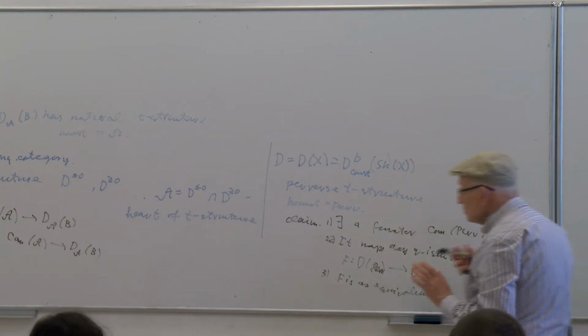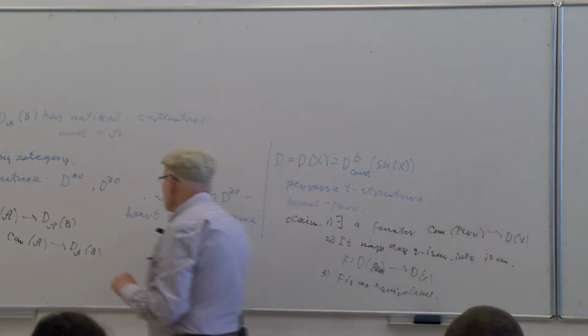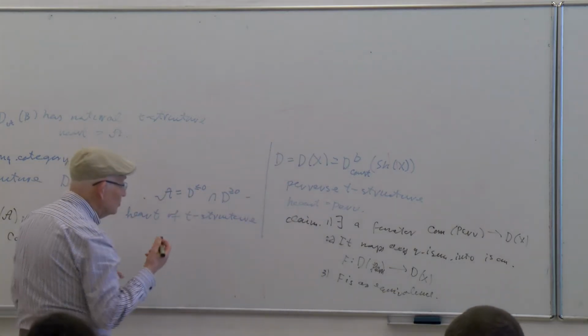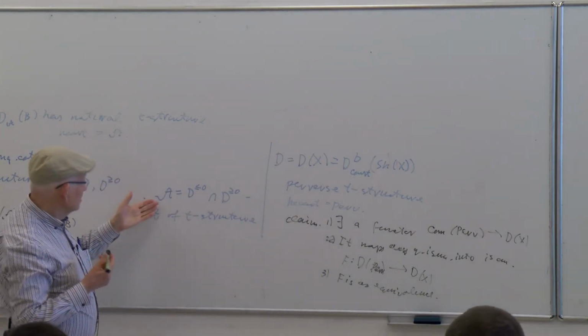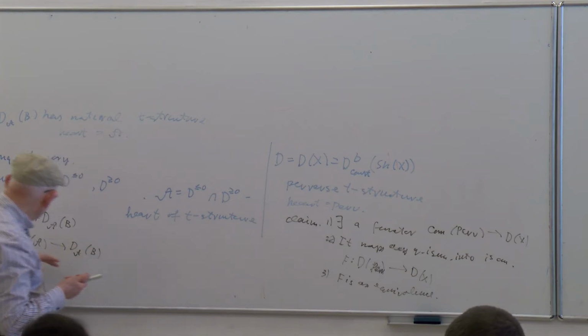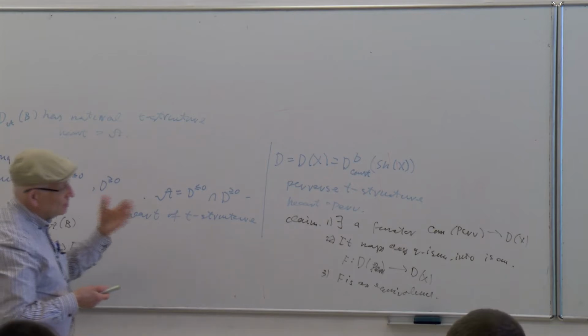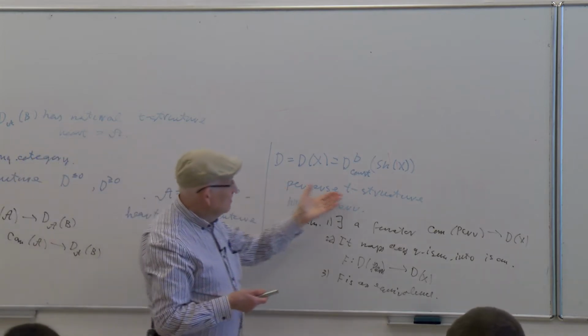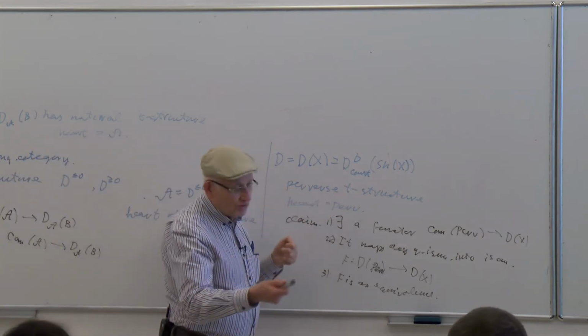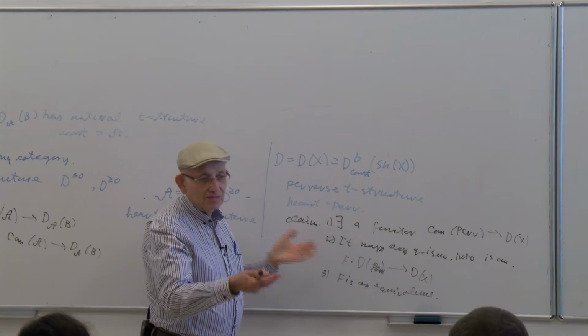So the idea is that when we're working with perverse sheaves, and not with absolute triangulated categories, we should always think that if you have, for instance, a complex of perverse sheaves, it gives you an element in the derived category.